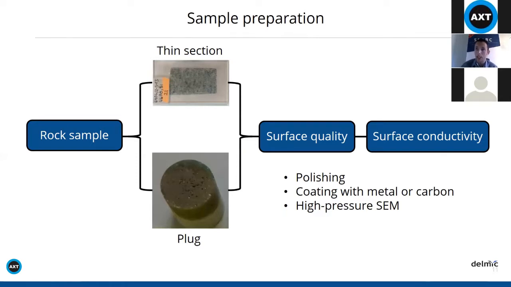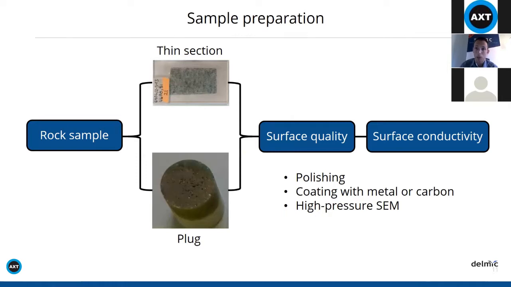If you have a nicely polished surface, that will improve the results. It does not have to be as nicely polished as you require for EBSD, for example. But a little bit of polishing can greatly improve the results, particularly if you really are interested in fine textures and zonation, for example, in minerals. This can be important.